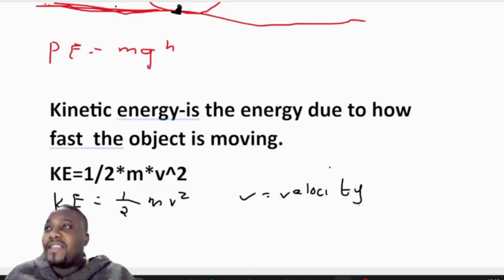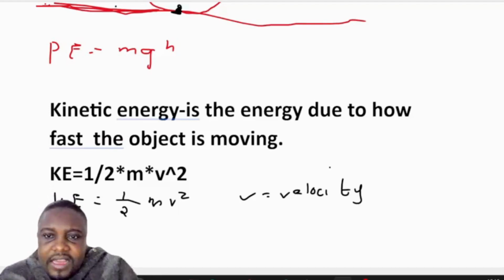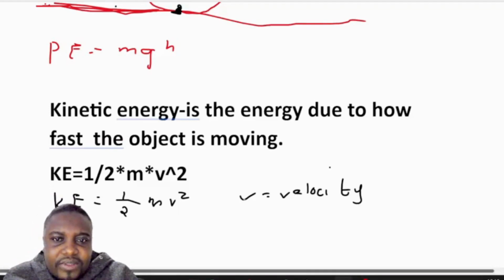Okay, today my handwriting is bad, guys. I don't know if I'm not sitting in the right position.